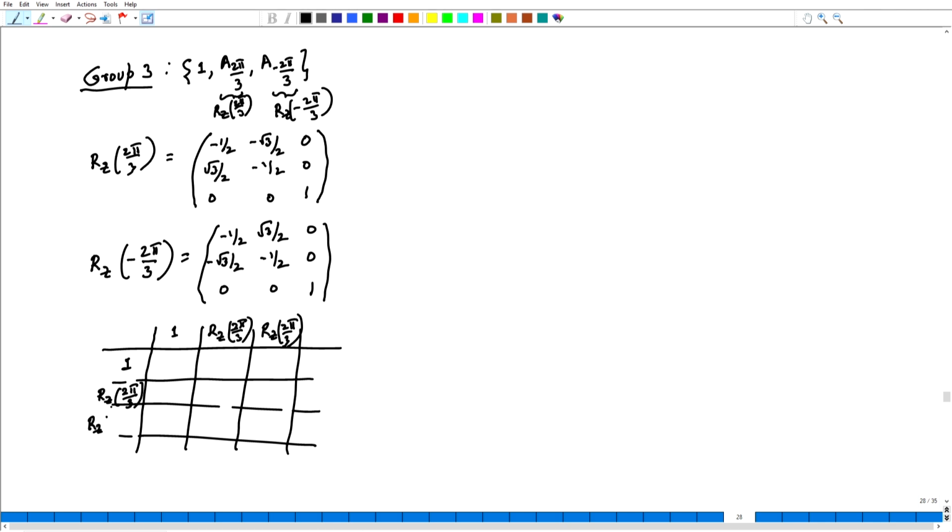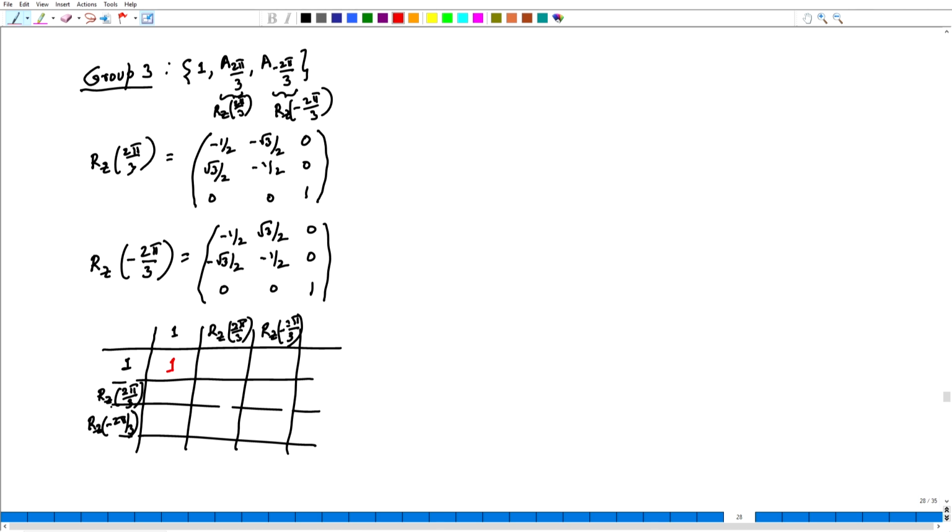This is Rz minus 2 pi upon 3, and out here also this is going to be minus 2 pi upon 3.